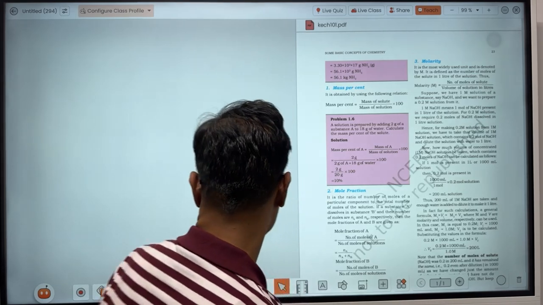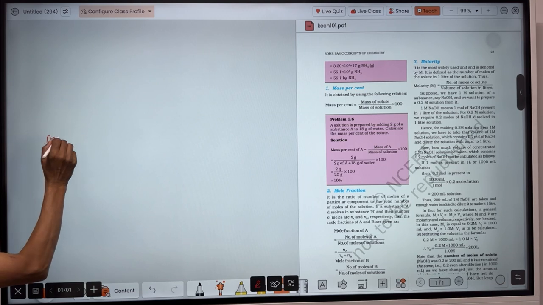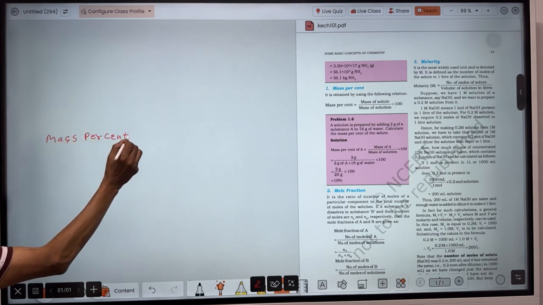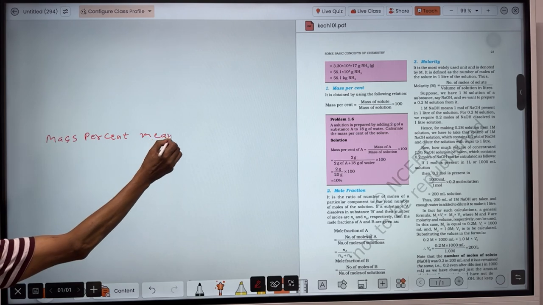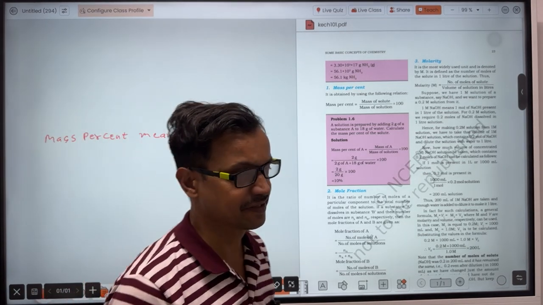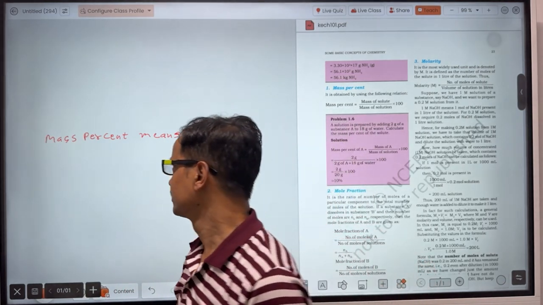Let's see here. Mass percent means the mass of solute or the solvent when the total mass of the solution is 100 gram.